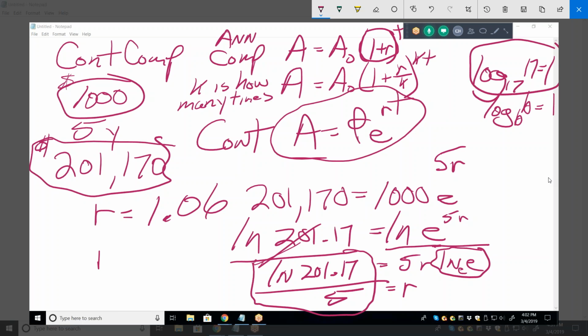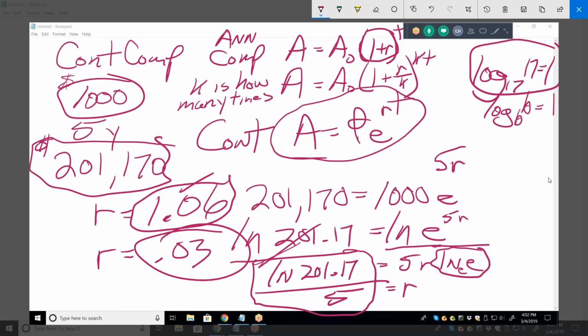So R would normally come out to look like something like this. When it comes out to that, it's first of all an outrageous number. Maybe if you're buying Bitcoin or something, you'd find R's on the order of that level. But for non-risky bank type stuff, the rates are always going to be between 1 and 10%.